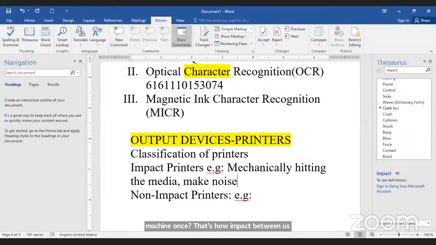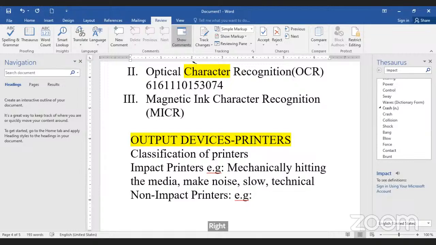Inatoboa mashimo, inaweka some dots for it to write something like an A. Inatoboa mashimo ama inaweka ink by mechanically hitting the paper. So it makes noise. It's very slow. It's technical to operate.